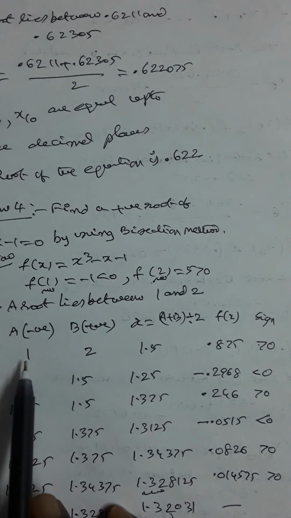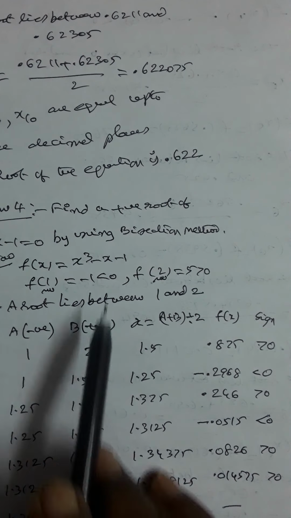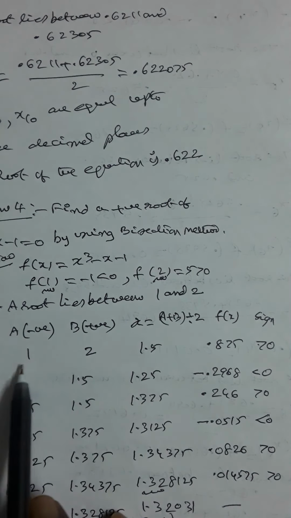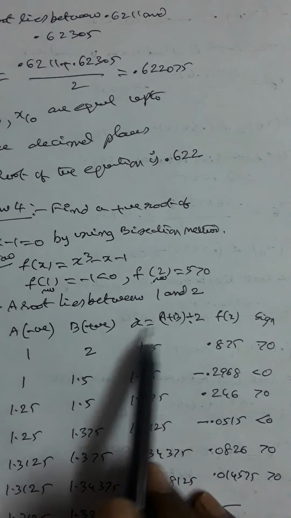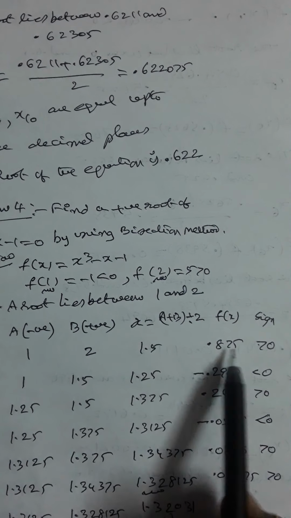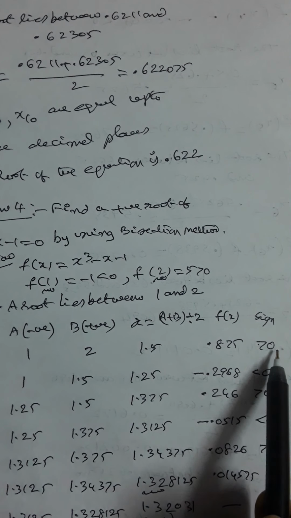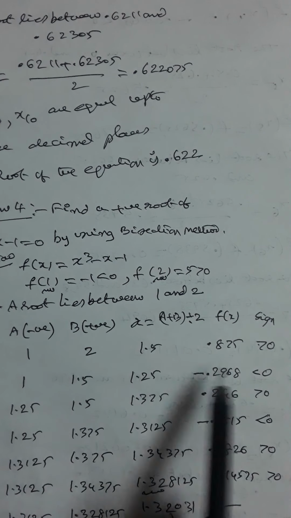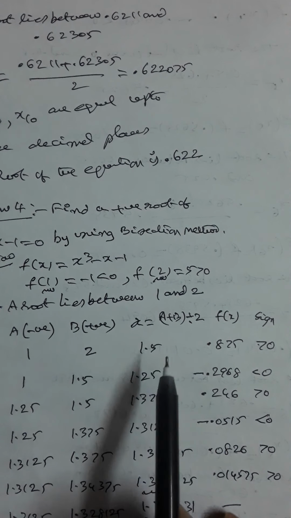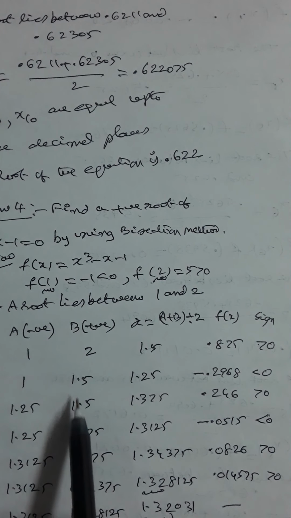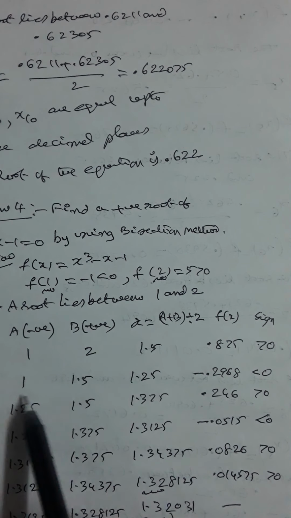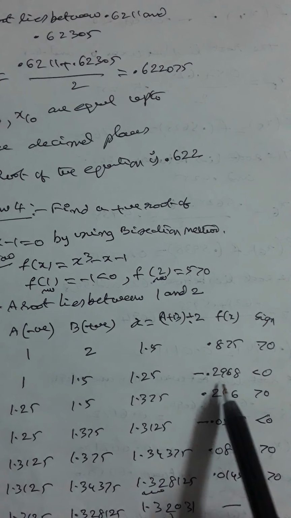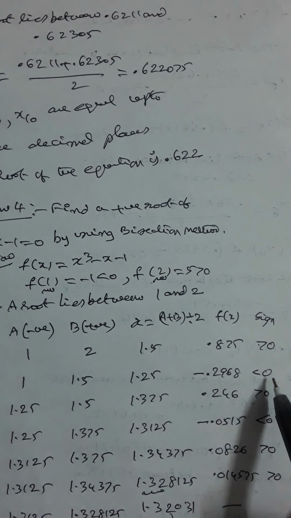Now at 1 we get negative, so A is 1; at 2 we get positive, so B is 2. x is the average, and the function value 0.75 is positive. You write this x value, 1.5, under B, and A continues as it is. 1.25 gives minus 0.2968, negative.